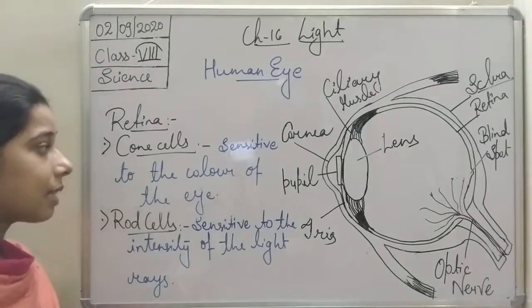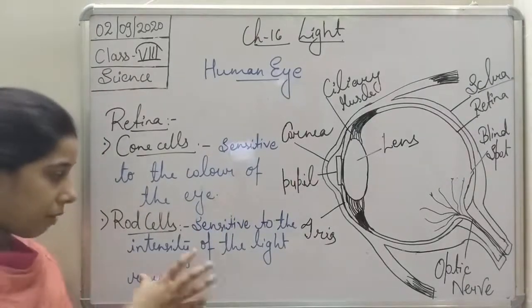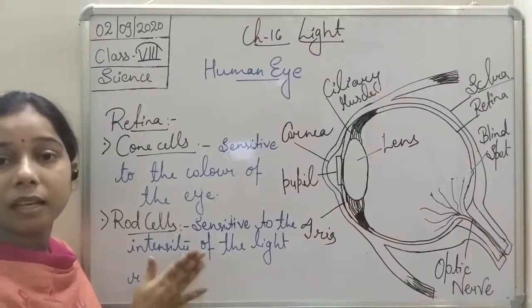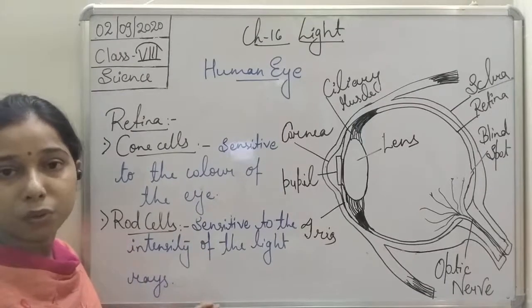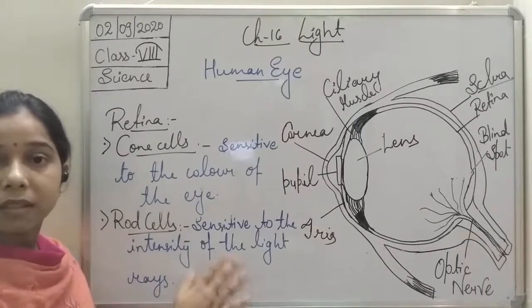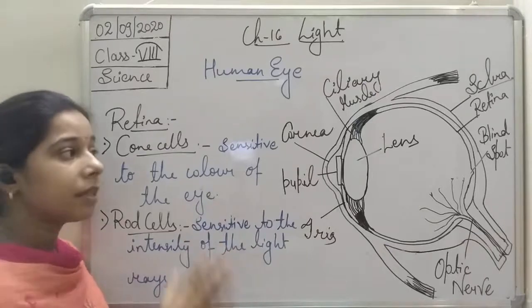Okay, so these are sensitive to color, and the first one is sensitive to the intensity of the light entering into the eye. So this is the retina of the eye.